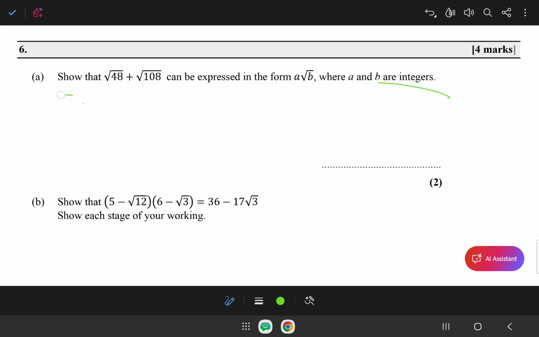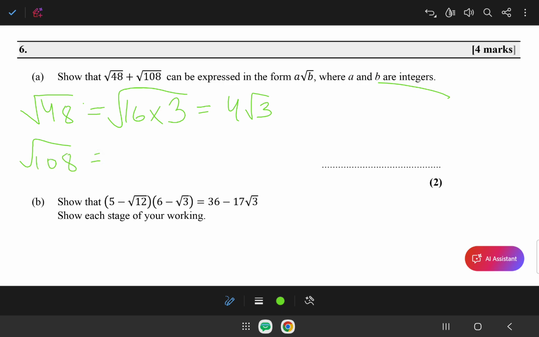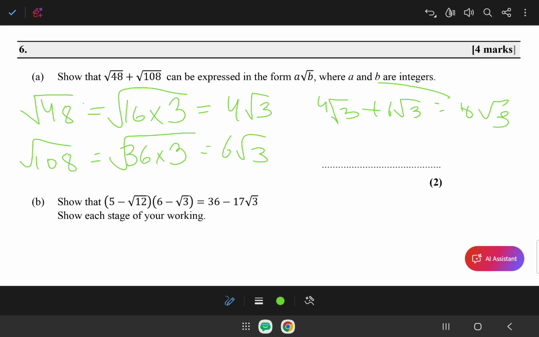So let's start with root 48. 16 times 3 equals 4 root 3. 108 can be written as 36 times 3, and 36 is 6 times 6, so 6 root 3. So now we just add. That is equal to 10 root 3.